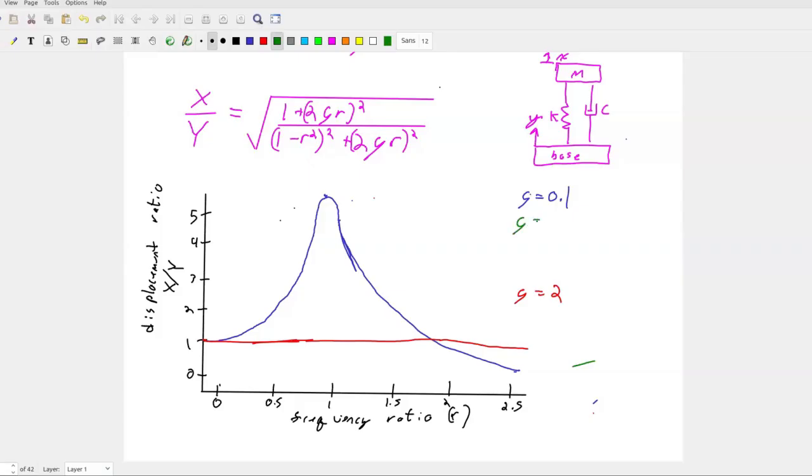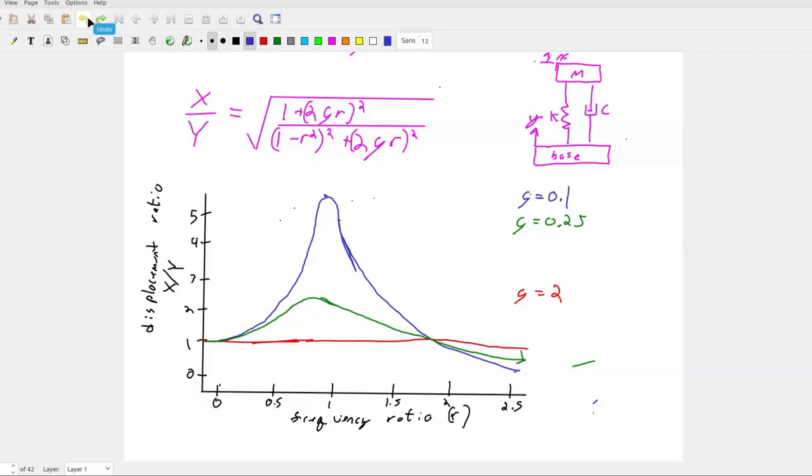I've got zeta equal to 0.25. And just like before, I'm going to come up here and I'm going to peak from there. And you'll notice that my peak is moving leftwards.